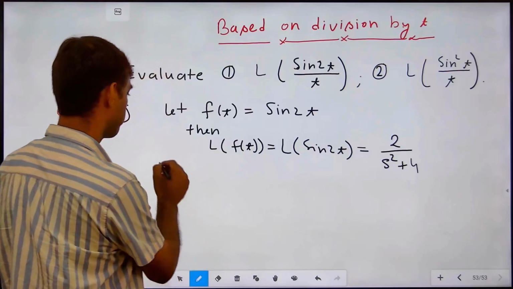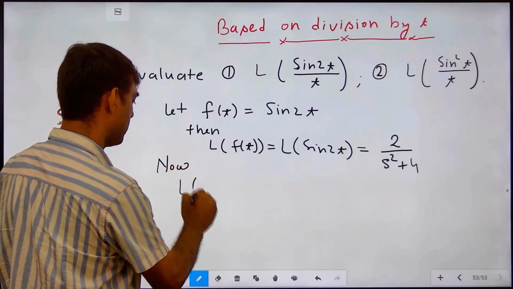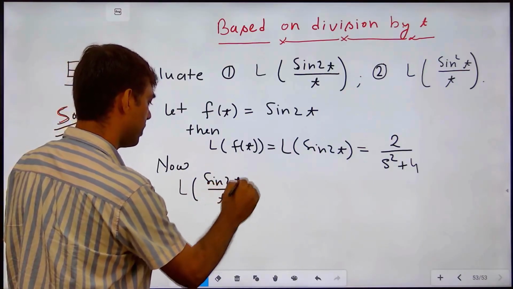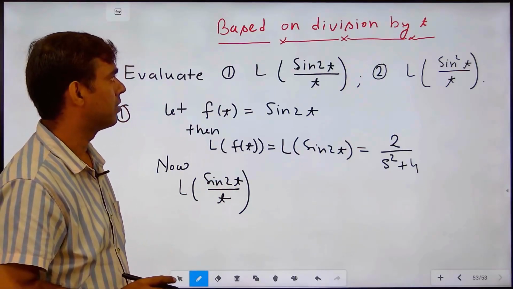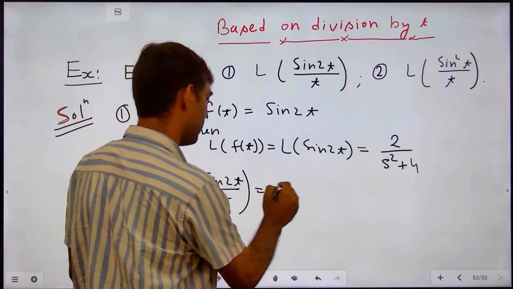Now, the Laplace transform of sin 2t upon t. Now, we use the property of division by t. So, this one equals what?